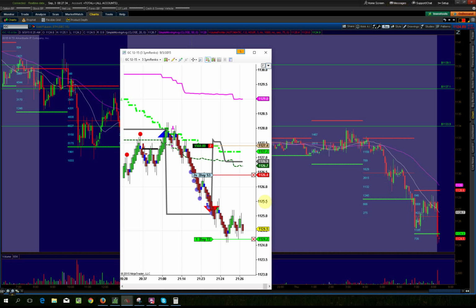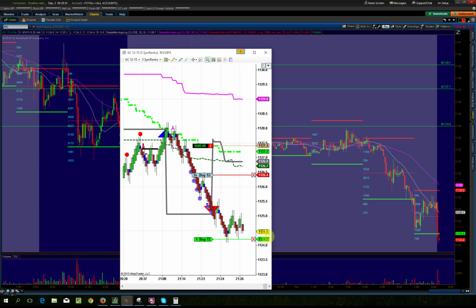So the first one was about 17 ticks. So that's why it's $170 off of one contract. Because remember, just a reminder, one contract is equal to $10 per tick on both gold and oil. So gold moves in 10 cent increments, right? So 1124.5, 1124.4, 1124.3, 1124.2, right?